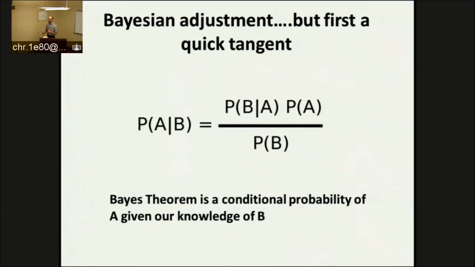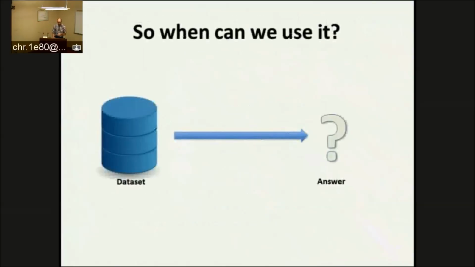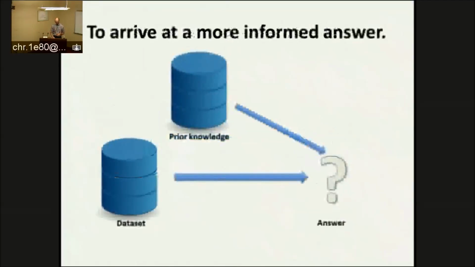It's actually a pretty simple, elegant equation, and it's a conditional probability where the probability of A is conditioned on our knowledge of B. We can use this because if we have some data set, like I have this data set that has men who have sex with men surveyed by sexual identity, and I want to measure the incidence of HIV, I can arrive at some answer based on that data set.